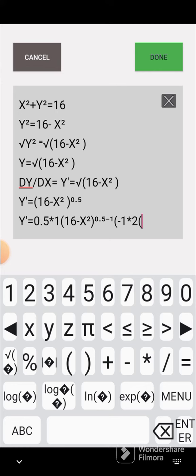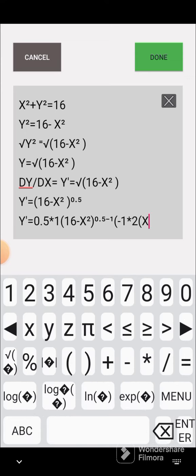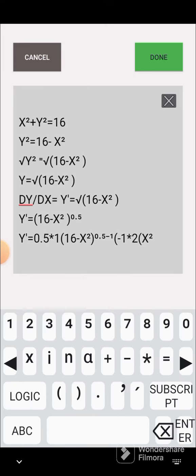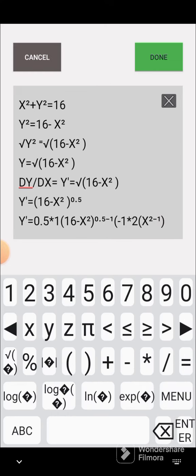So you use the power to multiply the coefficient, then you subtract 1 from the power. Our x is already raised to the power 2, then subtract 1 from it. So with this, we have gotten our differentiation.